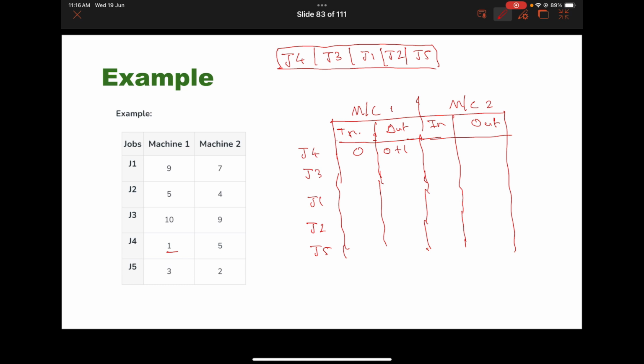Job 4 is completed after 1 unit of time. Let it be 1 minute. After 1 minute it enters machine 2. So here its entry time is 1, out is 1 plus 5, that is equal to 6.